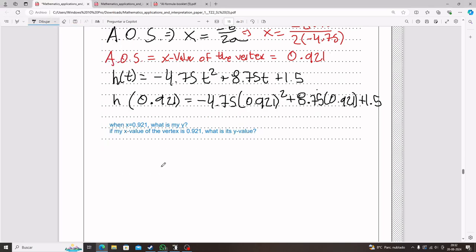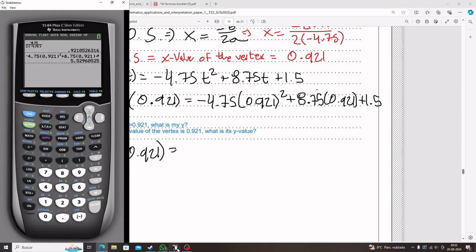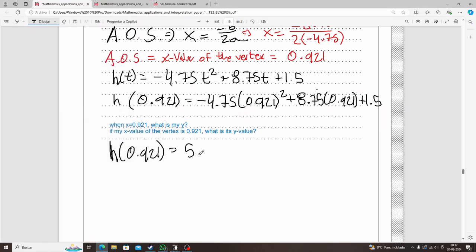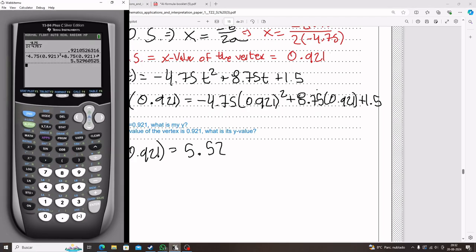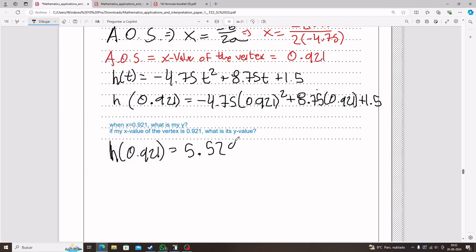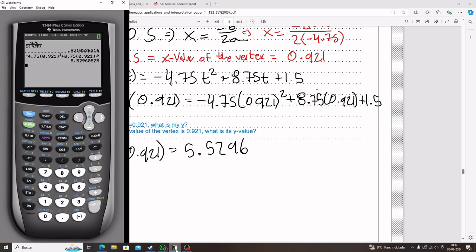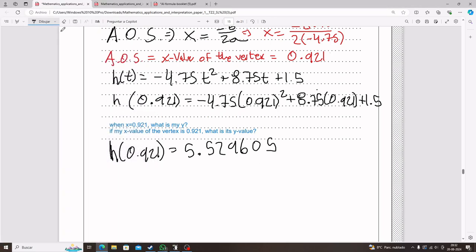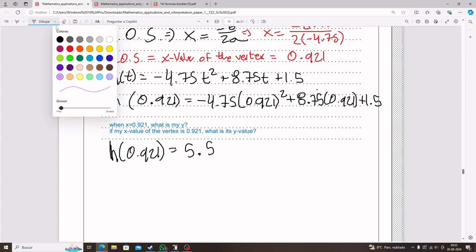So the y value now, or better said, for my function of h, when I plug in 0.921, I end up with 5.5296. And if I were to do significant figures here, I count 1, 2, 3. Do I round it up or keep it the same? Clearly, I round it up, so I'm going to leave it as 5.53.